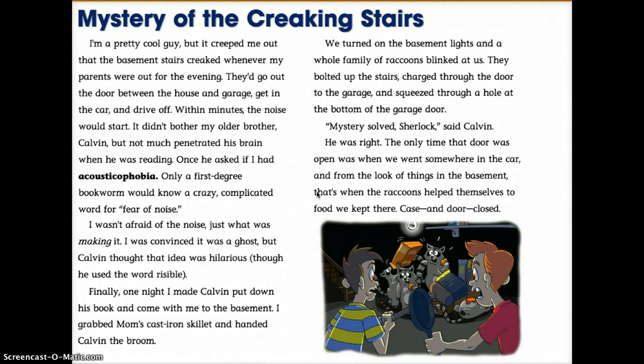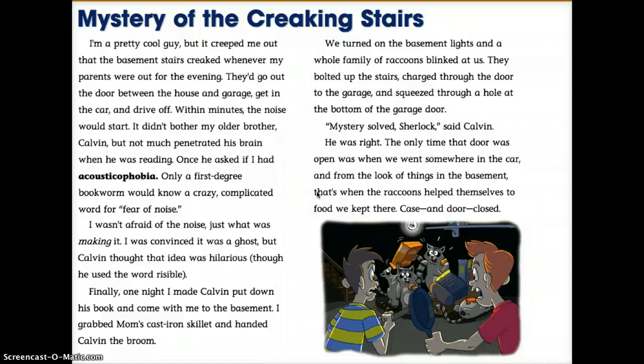I'm a pretty cool guy, but it creeped me out that the basement stairs creaked whenever my parents were out for the evening. They'd go out the door between the house and garage, get in the car, and drive off. Within minutes, the noise would start. It didn't bother my older brother, Calvin, but not much penetrated his brain when he was reading. Once he asked if I had acousticophobia.